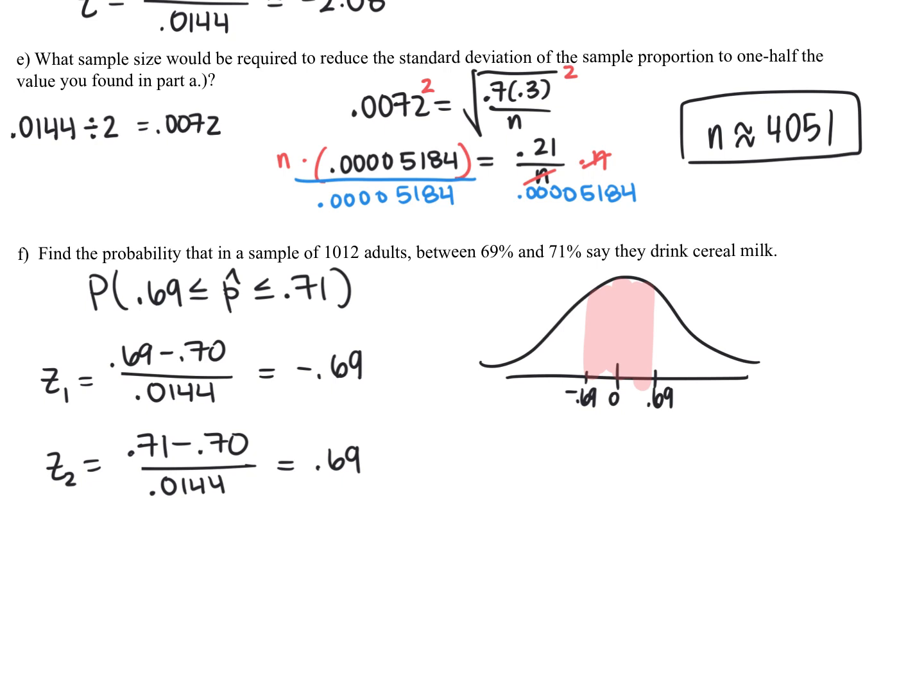So we go to normal CDF, lower bound of negative 0.69, upper bound of positive 0.69, mean of 0, standard deviation of 1, and we get 0.5098. So a little more than 50% of U.S. adults drink the cereal milk if it's between 69 and 71%.